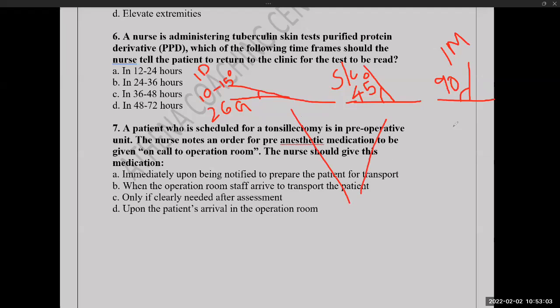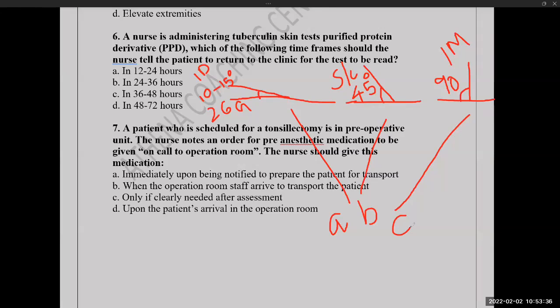Injection heparin, you can just correlate or connect with which picture, A, B, C. Injection heparin. B. Okay, insulin. B. Amikacin.